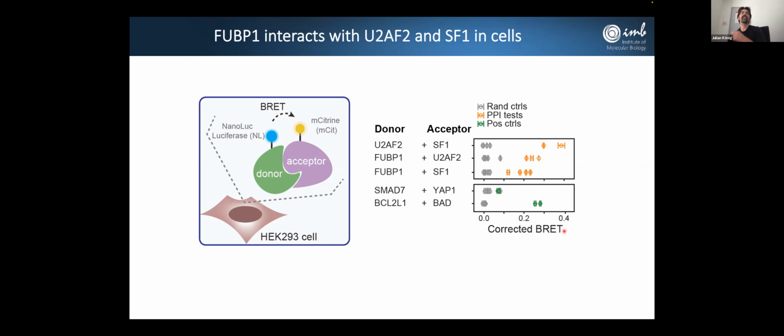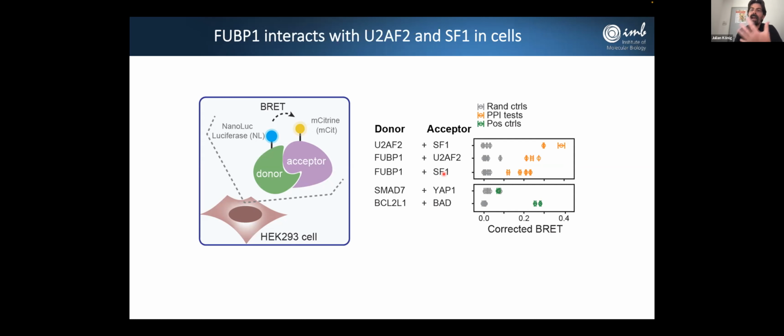We did this experiment for FUBP1 and U2AF2 and SF1. And indeed, we found that in cells, FUBP1 seems to interact with these other two proteins located at the 3' splice site.